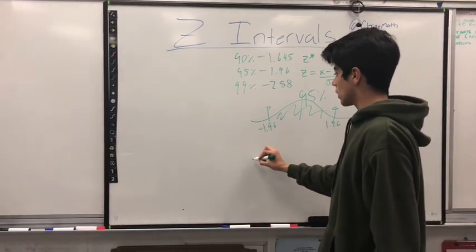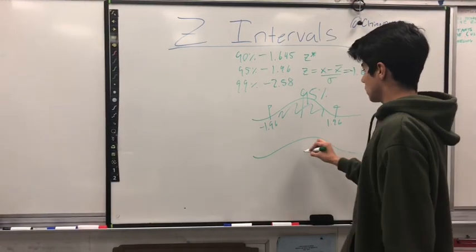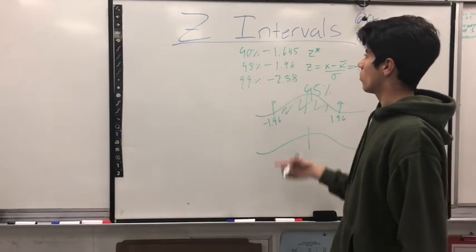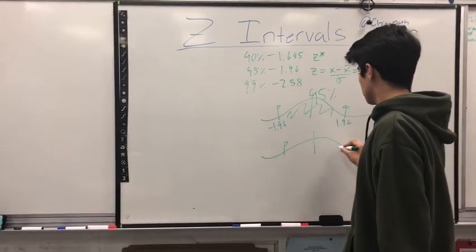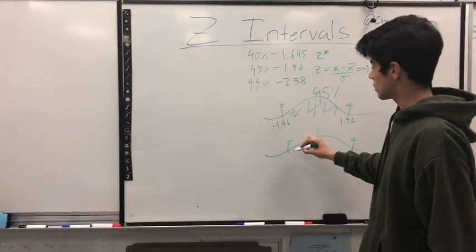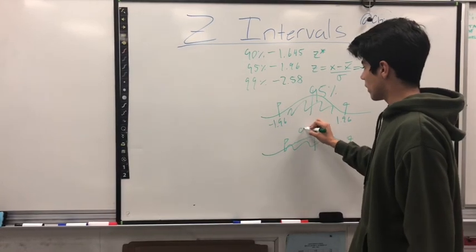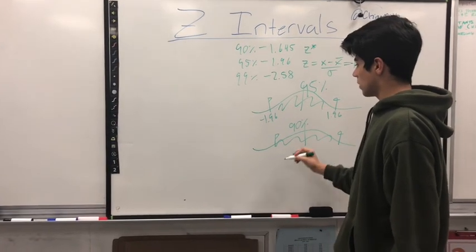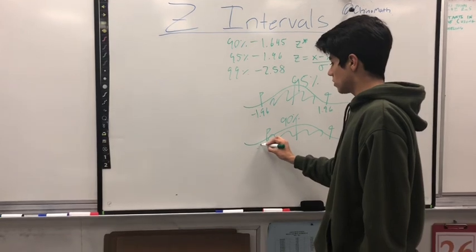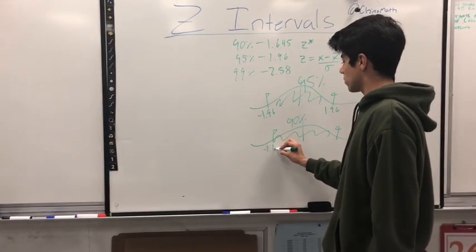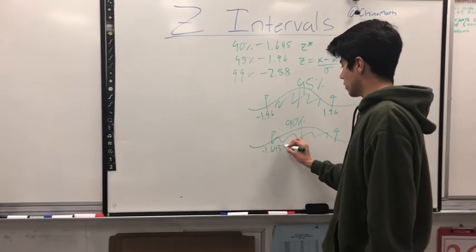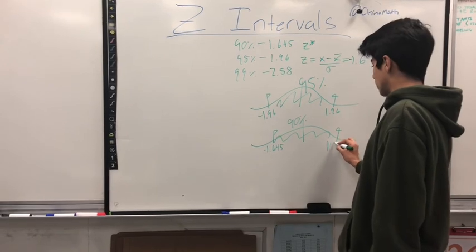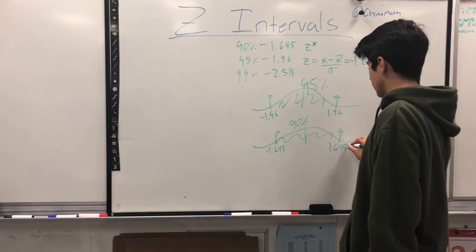If we're using a different confidence level, let's say 90% confidence, it's just going to be slightly smaller. We have our 90%, and instead our z-score here is going to be negative 1.645 and positive 1.645.